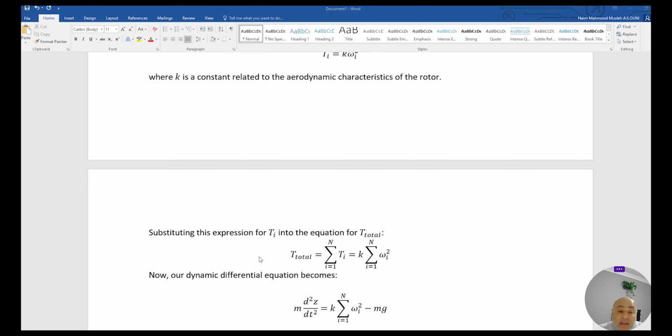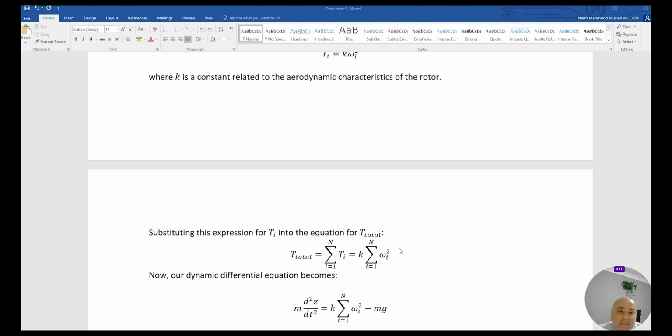Now, if we substitute this in Ti, then we can say that total force is actually equivalent to k multiplied by the sum of i equals 1 to n, which takes into consideration the angular velocities of all the motors.